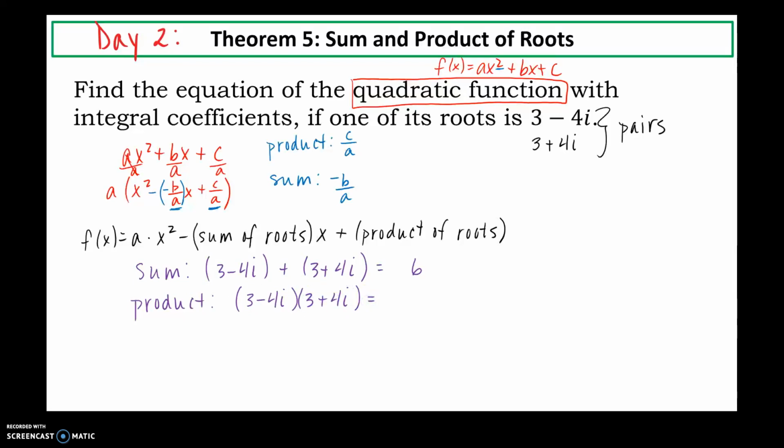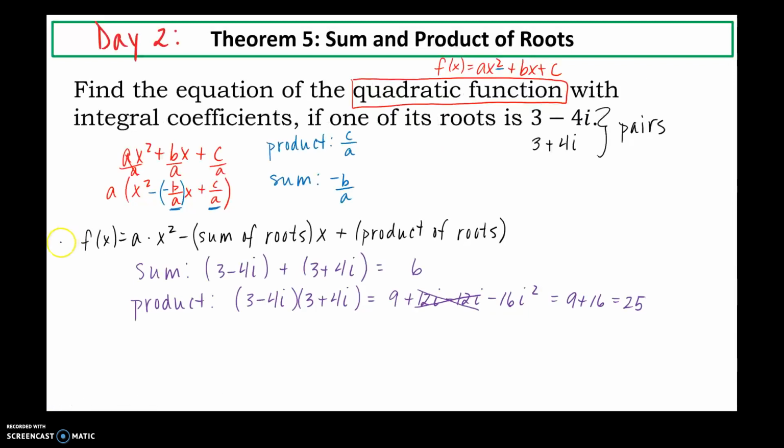So if I go through my foiling, first, outer, inner, last. These complex roots, we saw this in Unit 1, the imaginary part cancels out. i squared is equal to negative 1. So I get 9 plus 16, which is 25.